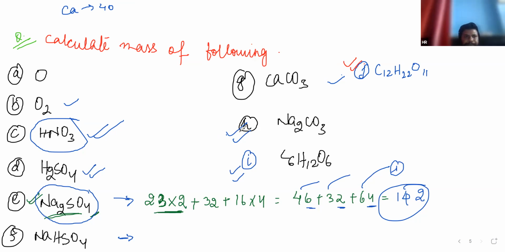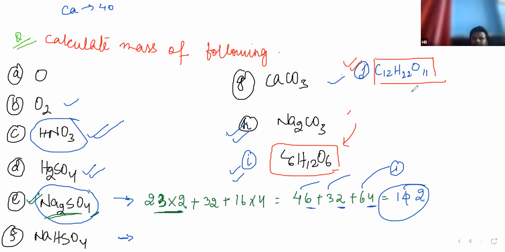Very good. Azza, what about I? Very good. Just calculate the J. This is the formula of sugar or sucrose. We also say it sucrose, and this is the formula of glucose.